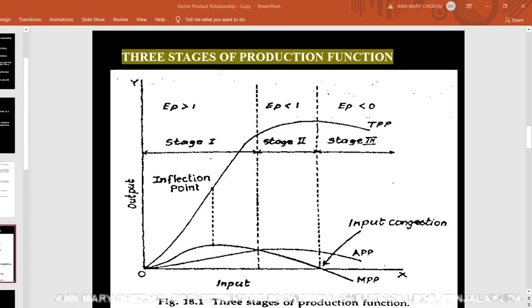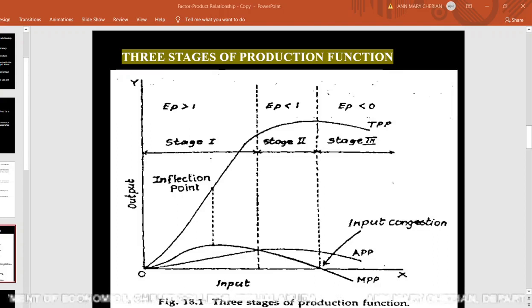And this stage is considered irrational because technical efficiency of both variable resources as well as fixed resources declines. In stage 2, elasticity of production is less than 1 because elasticity of production is MPP by APP, and here MPP is less than APP. And stage 2 is considered the rational stage of production.